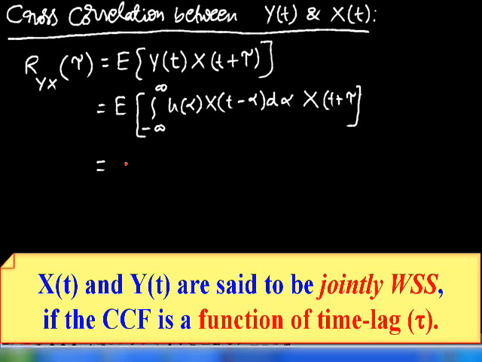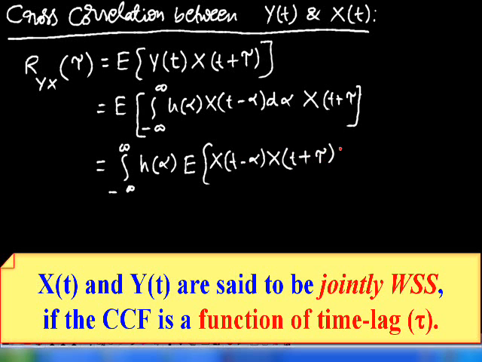Change the order of integration and expectation, and we get the integral from minus infinity to plus infinity of h of alpha, times the expectation of x of t minus alpha, x of t plus tau.